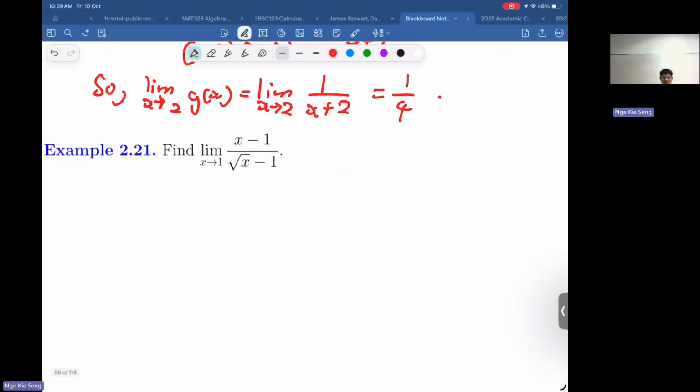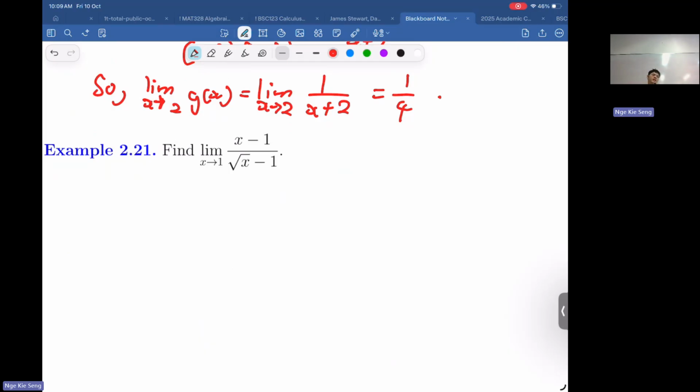How about 2.21? Is it a difference of two squares? No more difference of two squares. So what can you do here? Someone suggested to multiply by square root x plus 1. This is what we call the conjugate of square root x minus 1.